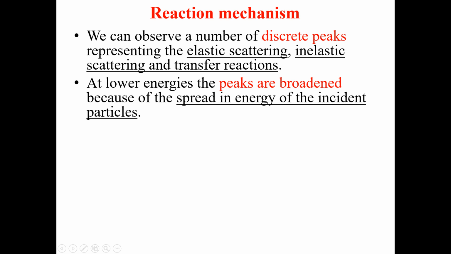You already observed on that graph that at low energy the peaks are broadened, and the reason for that broadening is the spread in energy of the incident particle. When the incident particles strike the target, the energy spreads, and because of that spread in energy, the peaks are broadened.